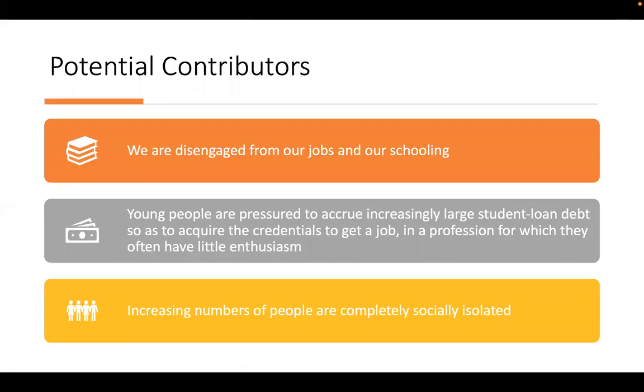The article notes a few potential contributors: as a society, we are more disengaged from our jobs and our schooling. You were provided some statistics on this. This can affect things like purpose, meaning, motivation, sense of self, sense of worth, which are all topics that we deal with as mental health professionals.